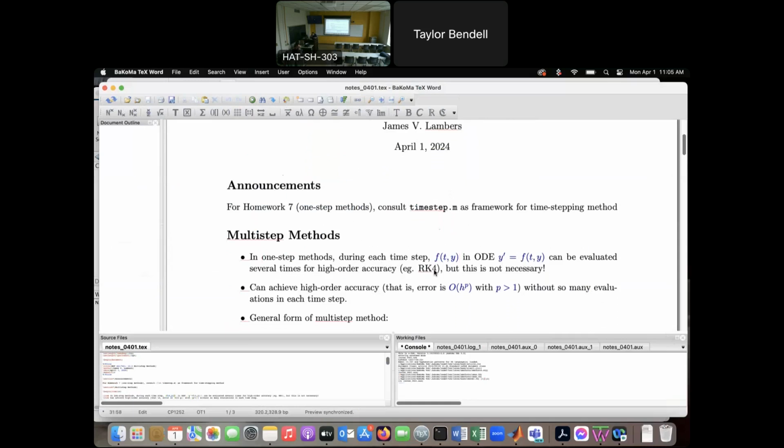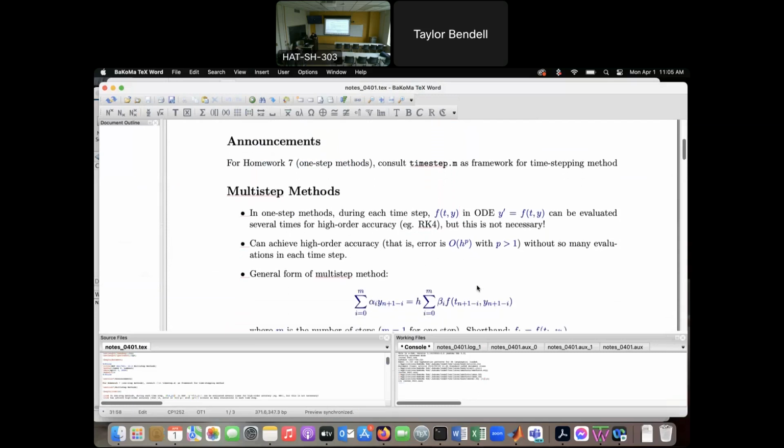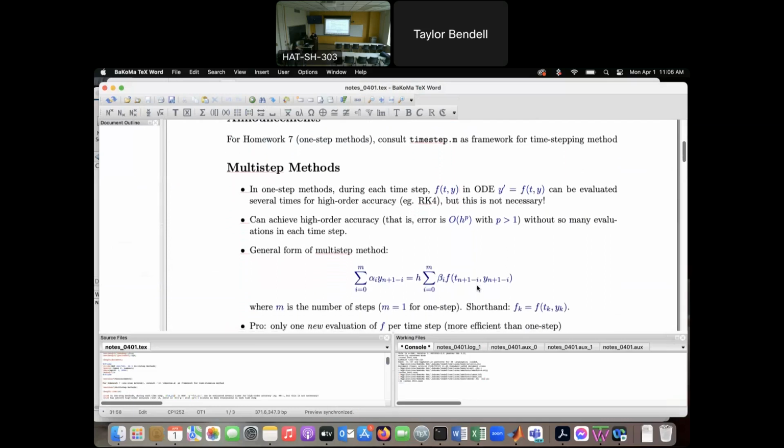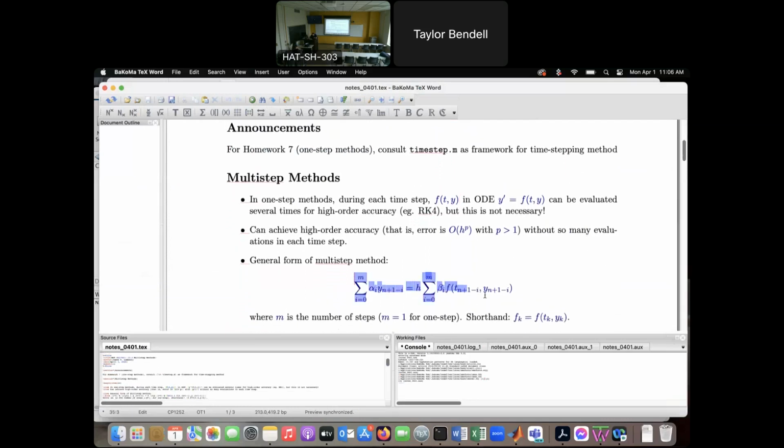But it turns out that it's actually not necessary to carry out that many evaluations of your time derivative during every time step just to get higher order accuracy. So higher order accuracy is possible with less, and the way you do that is with what's called a multi-step method. Here is a general form of a multi-step method.